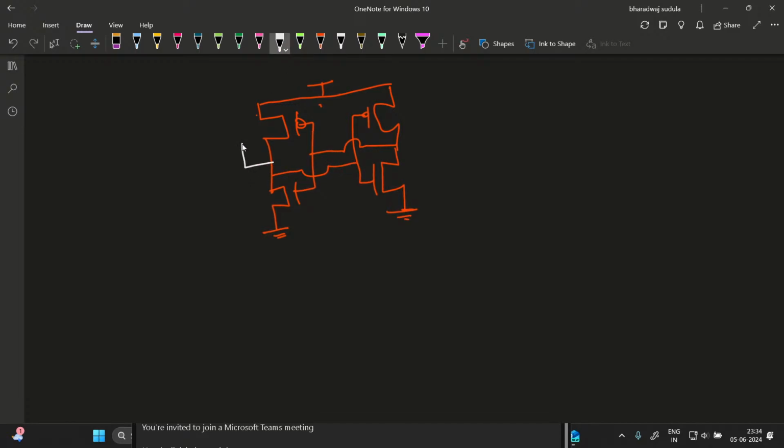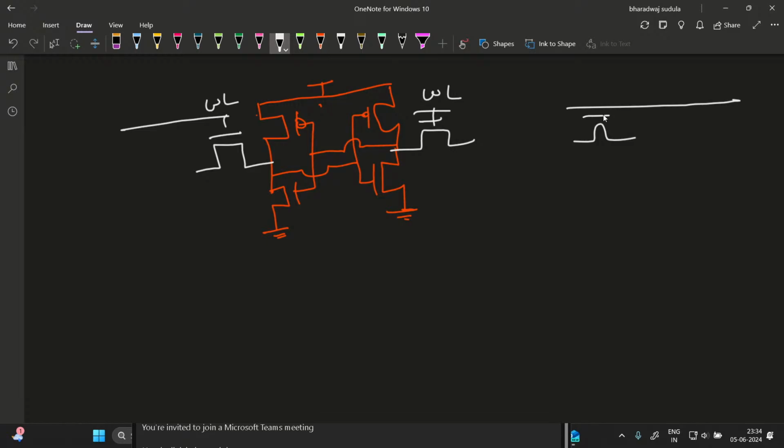You have these access transistors, right? These will be turned on by word lines. The entire row will be turned on, and this is another, adjacent cell.